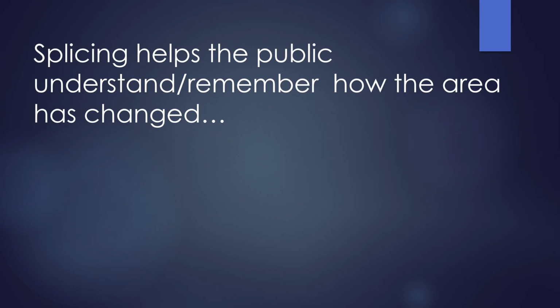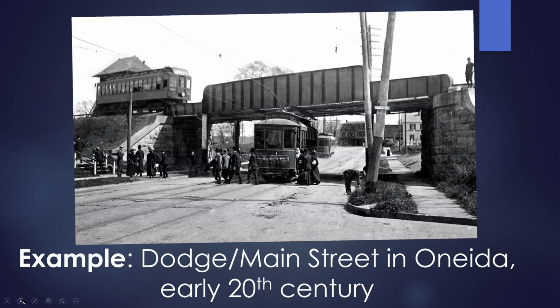And of course, I'm not the first person to do photo splicing. There are other examples of this. In fact, I was really inspired partly by photos that I had seen of someone doing the same thing for Detroit. And it was helpful for me to see how the area had changed and to share that with my friends and family.